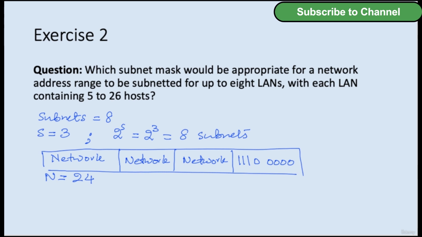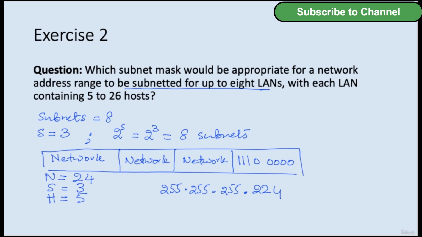Subnet bits, how do we know that? Because we have to produce 8 subnets. That's why we took 3 subnet bits, and what is left for the host bits? 5 bits are left for the host bits. So this subnet mask can be written as 255.255.255.224.